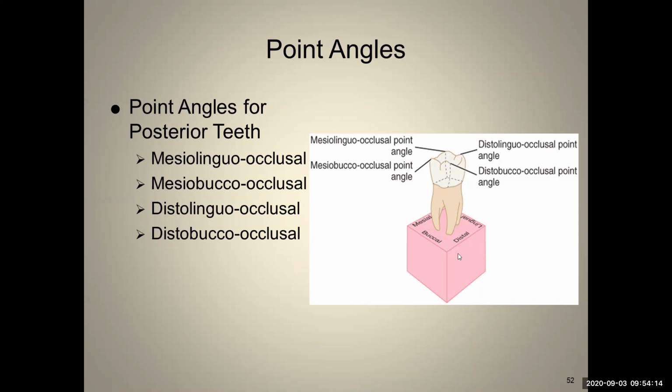And you're going to have to say yes if the three surfaces meet, or no because it's impossible. Okay, you can't have a mesio-disto-occlusal. Those surfaces aren't going to meet. You can't have a mesial and a distal and occlusal point angle.